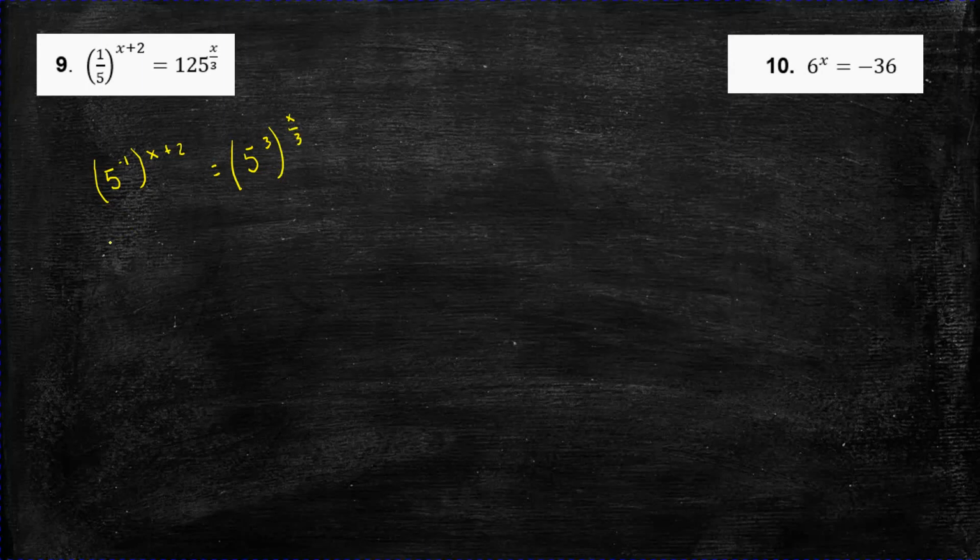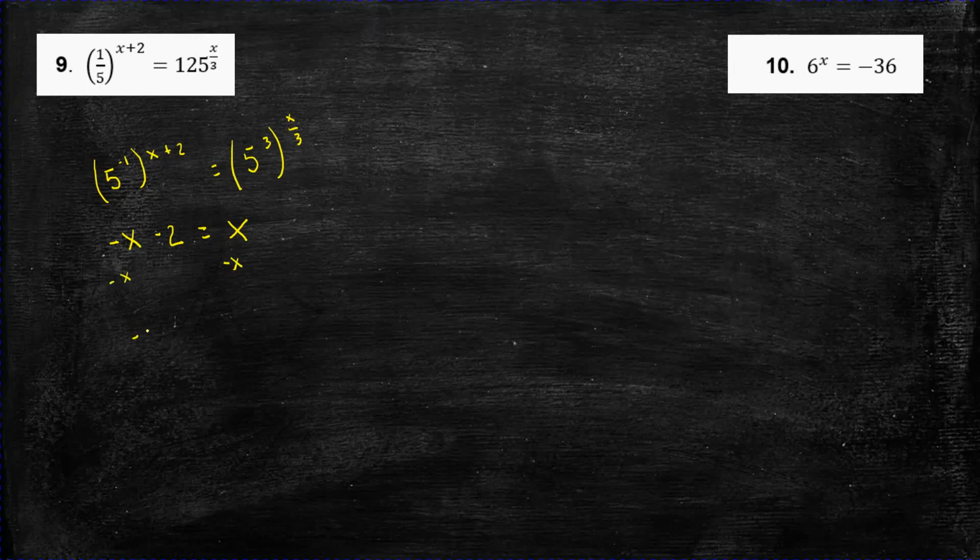So this is negative x minus 2 equals, it looks like my 3's are going to cancel there, so that just equals x. So we subtract x from both sides here.